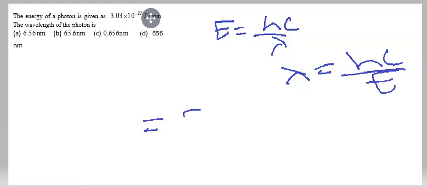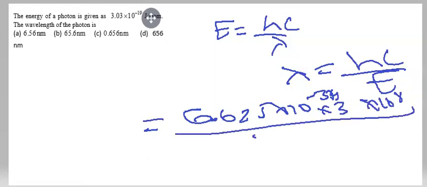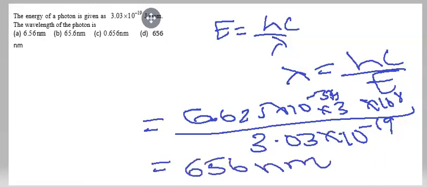For h, 6.625 multiplied by 10 raised to minus 34, multiplied by 3 into 10 raised to 8, divided by the energy that is given, multiplied by 10 raised to minus 19, in joules, right? So by solving this we will get 656 nanometers. So option B will be right for this question.